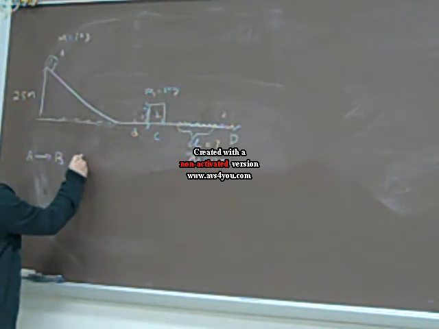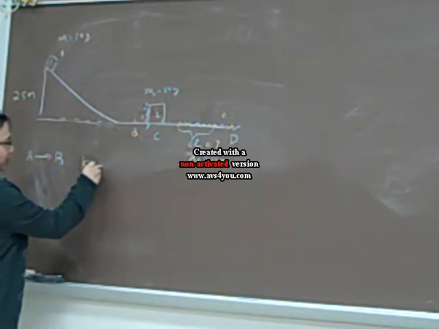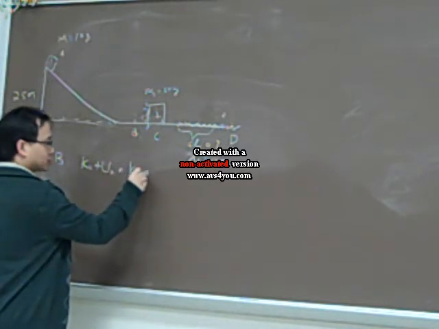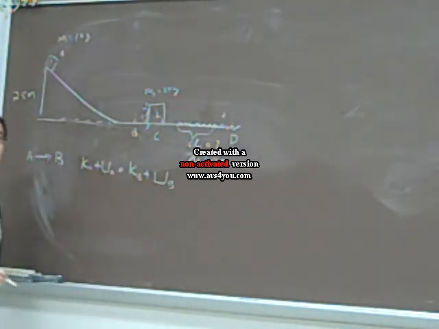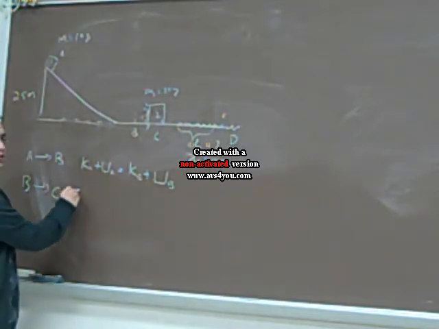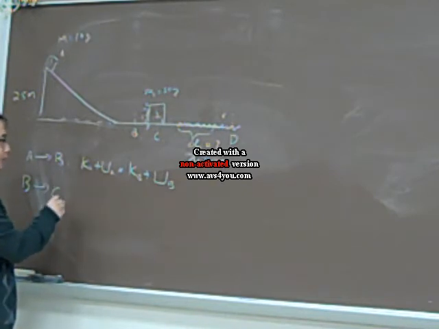So basically it says that Ka plus Ua equals Kb plus Ub, right? And from B to C, in order to have the conservation of momentum, what equation can be used here? In the collision process, you can always use momentum conservation.